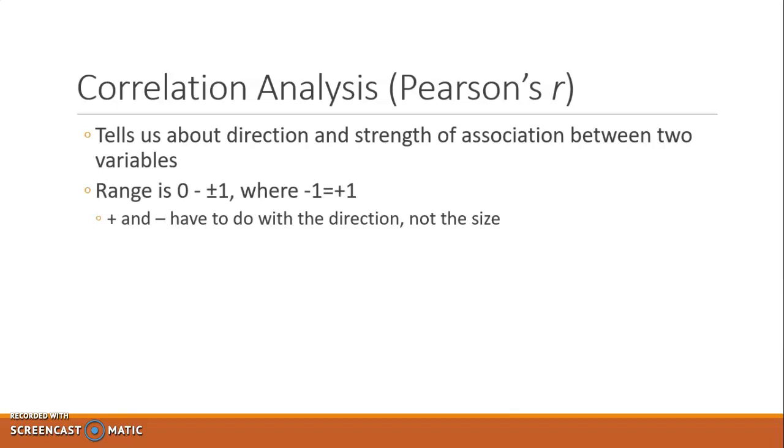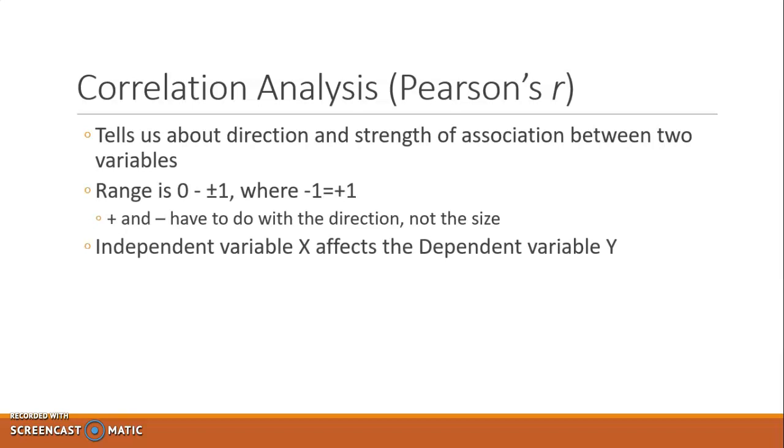Now, very often it's assumed or phrased as independent variable x affects dependent variable y. The problem here is that very often, as I've said, when we're doing this research, we're not doing experiments, so we don't technically have a true independent variable and dependent variable. Because technically, the independent variable is the cause and the dependent variable is the effect.